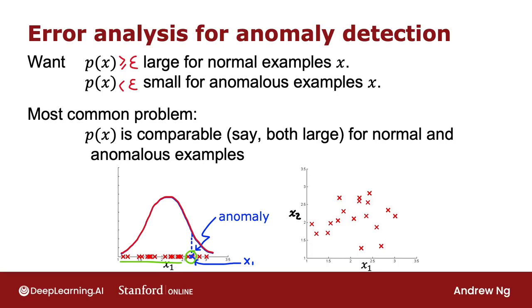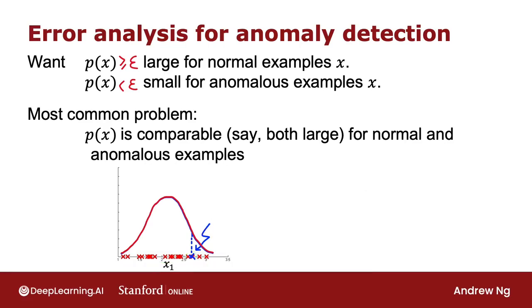If I can come up with a new feature X2, say I'm trying to detect fraudulent behavior, and X1 is the number of transactions they make, maybe this user looks like they're making similar transactions as everyone else.